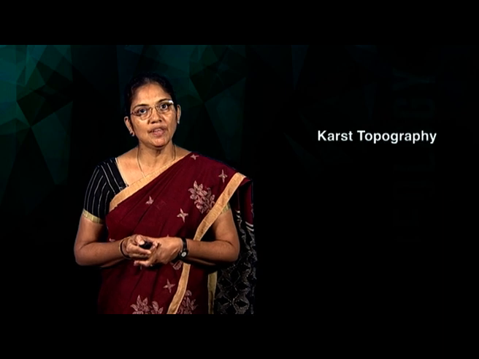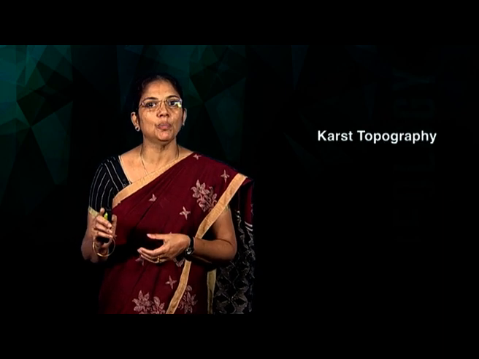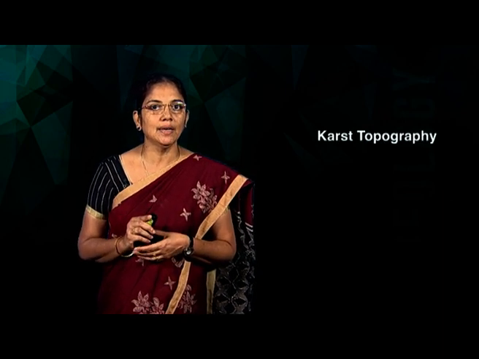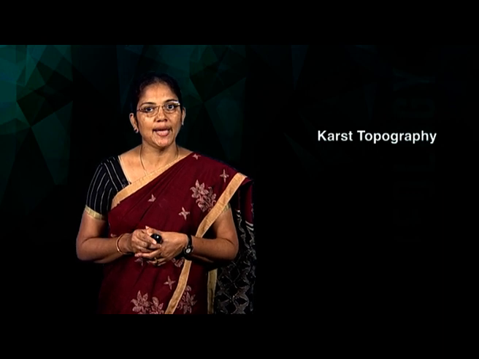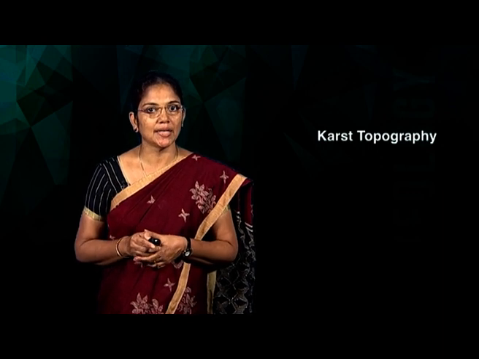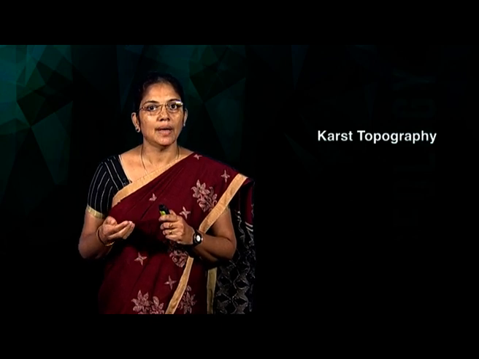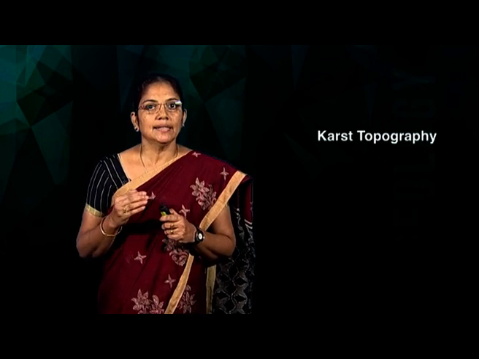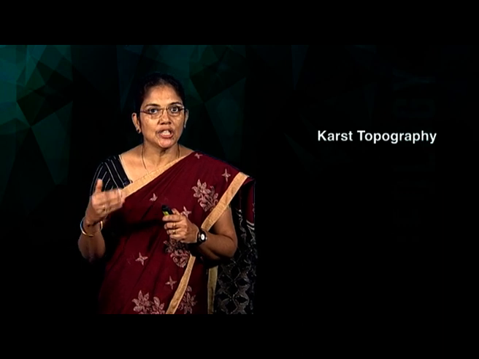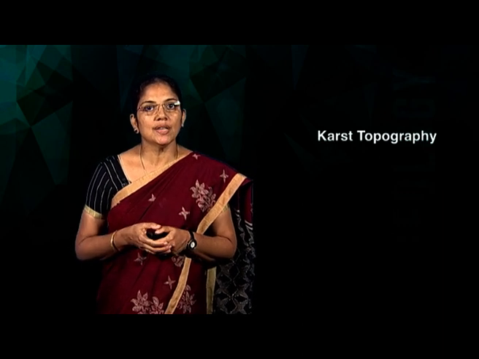Next is karst topography. Karst topography is a particular type of topography produced mainly by the solvent action. In an area where the main type of weathering is dissolution, the formation of caves and sinkholes and collapses may result in a highly irregular topography known as karst topography. Due to the continuous action of groundwater and the solvent action, the entire topography changes into a particular type known as karst topography.